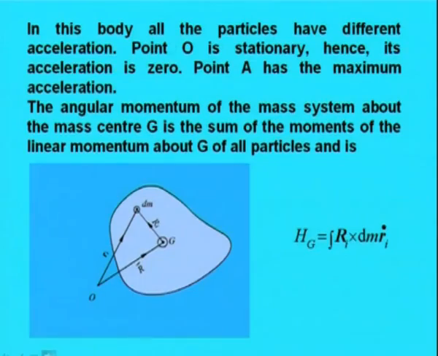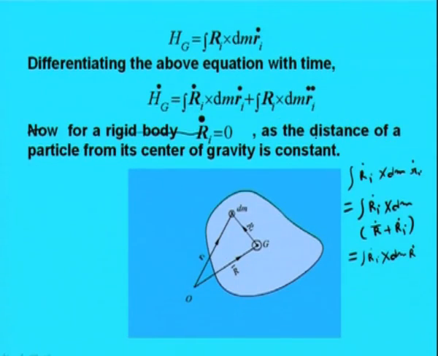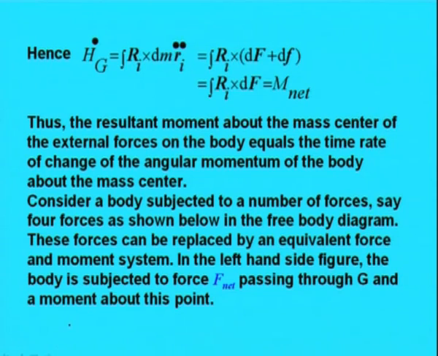So the first term becomes 0 and the second term remains Ri cross dm into ri double dot. Hence we have H dot G is equal to Ri cross dm ri double dot, and that is equal to Ri cross (dF external plus dF internal), because dF is the external force acting and this is the internal force acting.